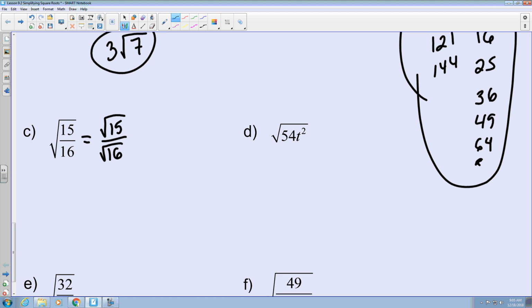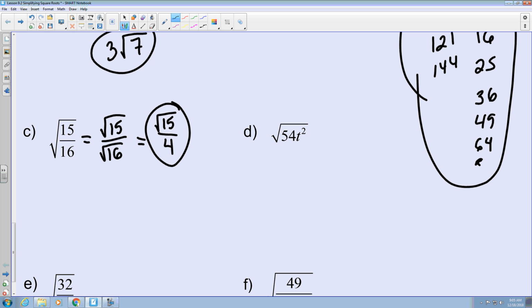We have a perfect square number in the denominator. I know that the square root of 16 is 4. Now the square root of 15: its products would be 1 and 15, and 3 and 5. Neither one of them are perfect square numbers, so my simplest form is the square root of 15 divided by 4.